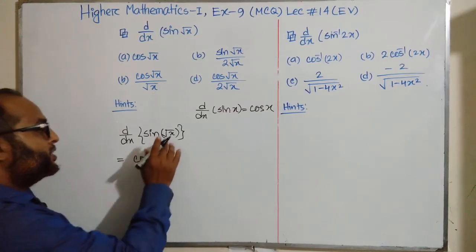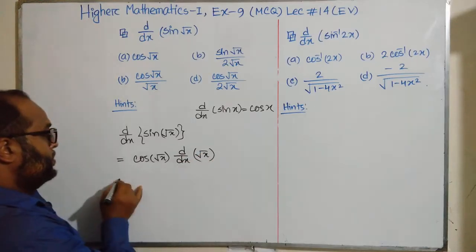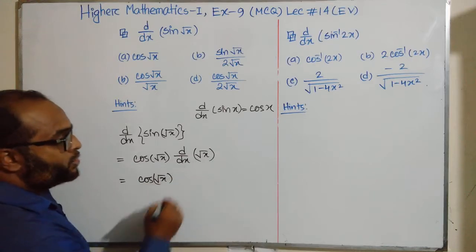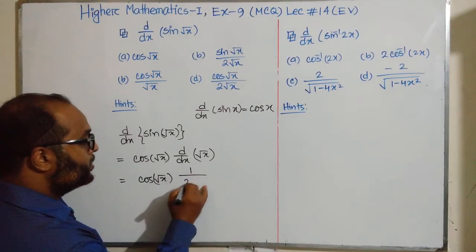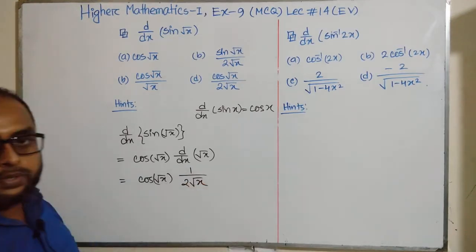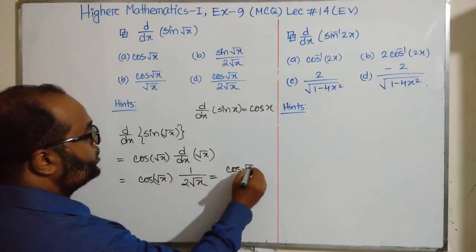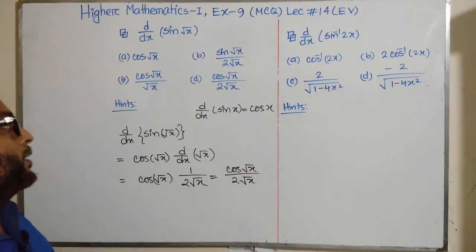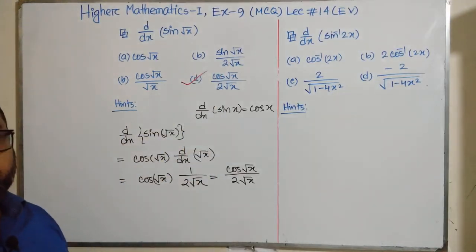Here we have to differentiate again root over x. Cos of root over x, you know, d/dx of root over x, we have a direct formula, this is 1 by 2 root over x. So this equals cos of root over x divided by 2 root over x. Here option D, this is the correct answer.